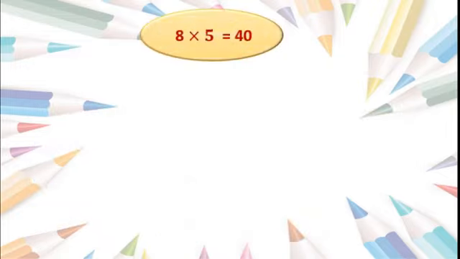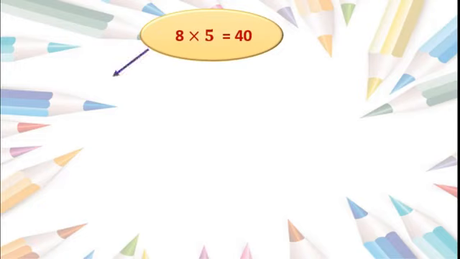We will take a quick recap of the last lecture and we will proceed to today's lecture. Yes, students, here 8 5s are 40. From this we will make two divisions. This is a multiplication. From one multiplication we get two divisions. This we have learned in the last lecture, isn't it? 8 5s are 40.